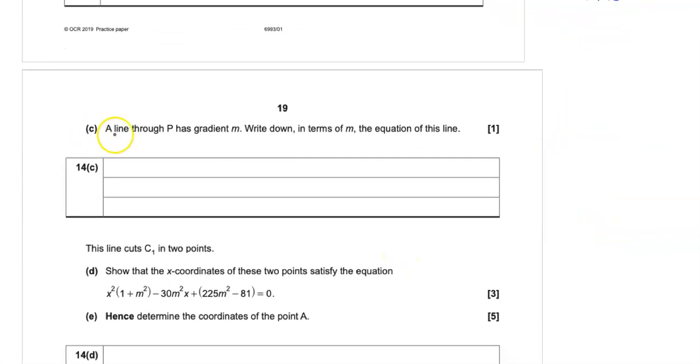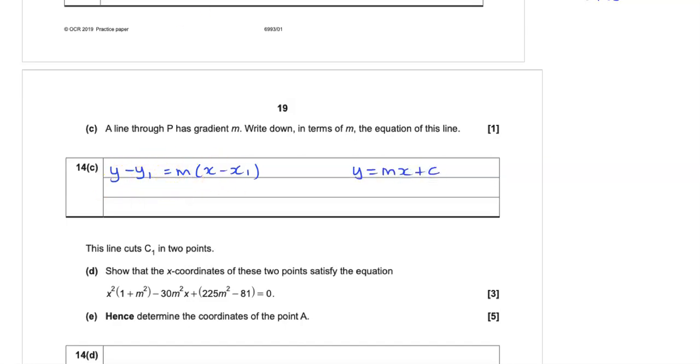Part C says a line through P has gradient m. Write down in terms of m the equation of this line. So we've got two approaches here we can use. We can either use y − y1 = m(x − x1), or we can use y = mx + c.